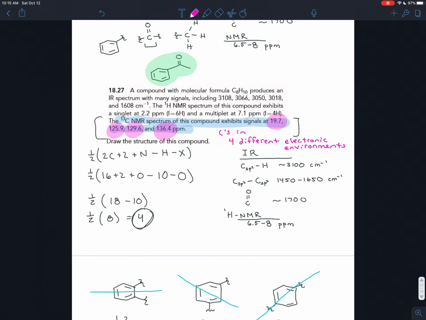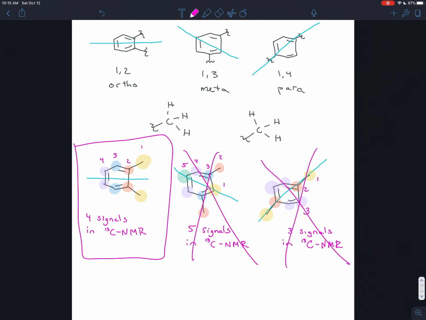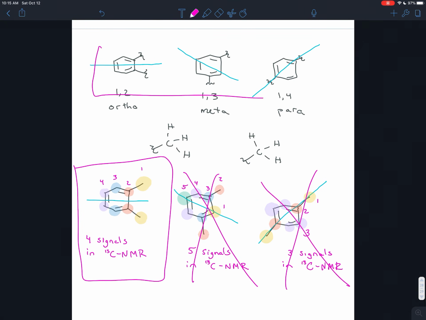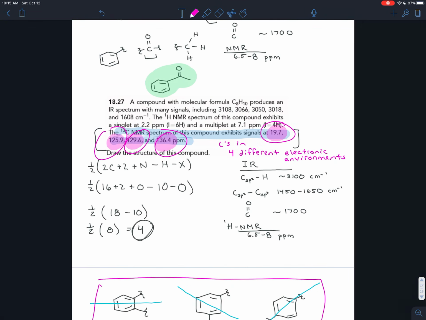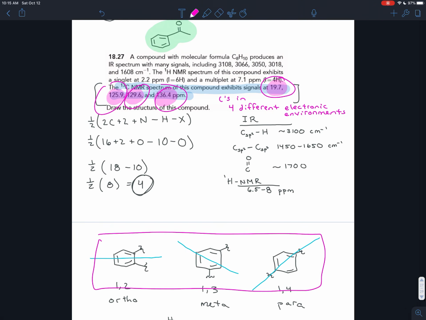Okay, so if we go back, what they gave us were carbons in 4 different electronic environments. We have 4 signals, 1, 2, 3, and 4. So it can't be para, it can't be meta, it has to be ortho. So we figured out that we had a benzene ring based on the IR information, and also based on the proton NMR information.